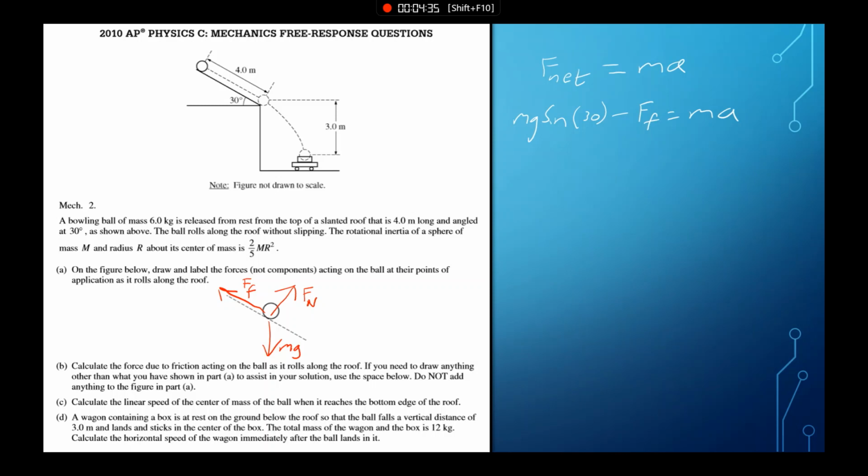Then for friction, we have to, wait, what is given? So we know mass, we know gravity, but we don't know acceleration. Okay, so then we'll need another acceleration in there somehow.